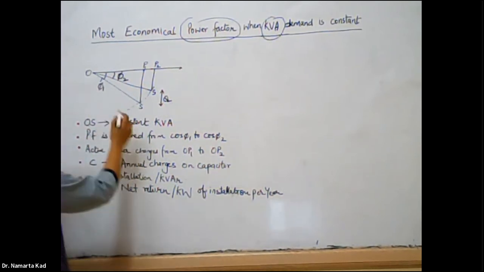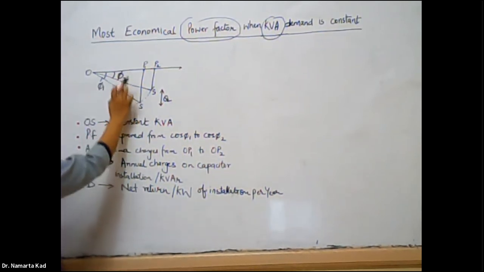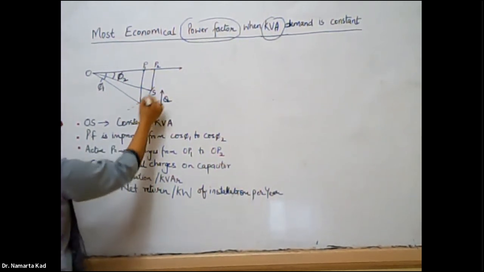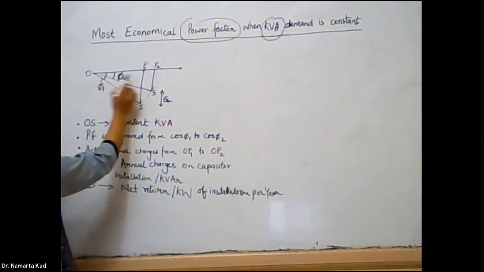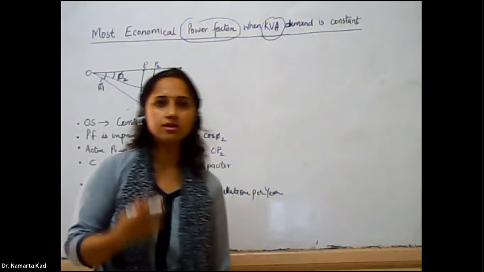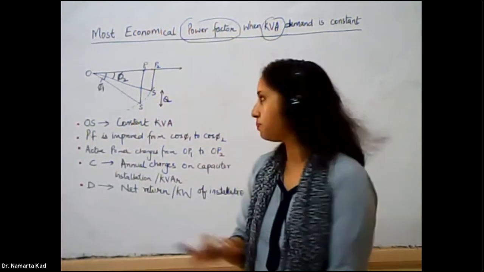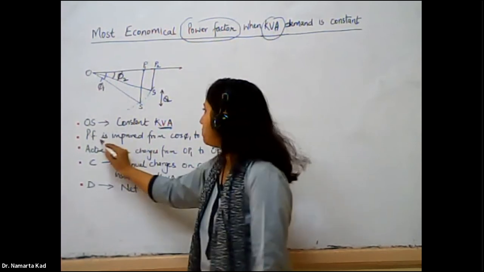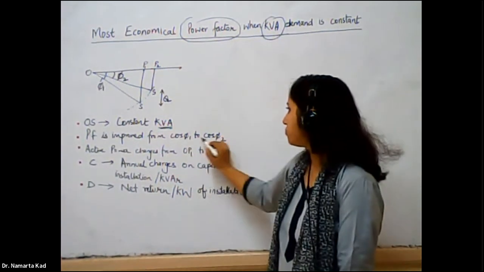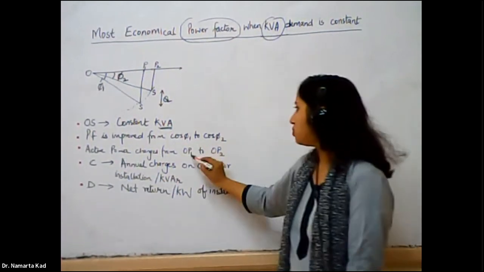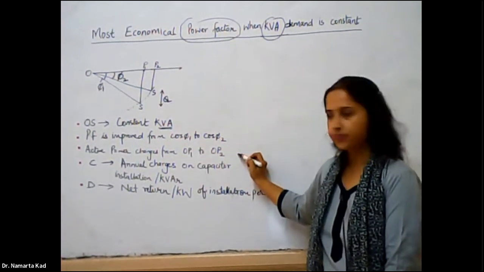Initially the angle is phi 1 and it is decreased to angle phi 2, and we draw the same arc, and the active power changes from OP1 to OP2. The power output increases from OP1 to OP2. So let OS be the constant KVA and the power factor is improved from cos of phi 1 to cos of phi 2, and active power changes from OP1 to OP2.